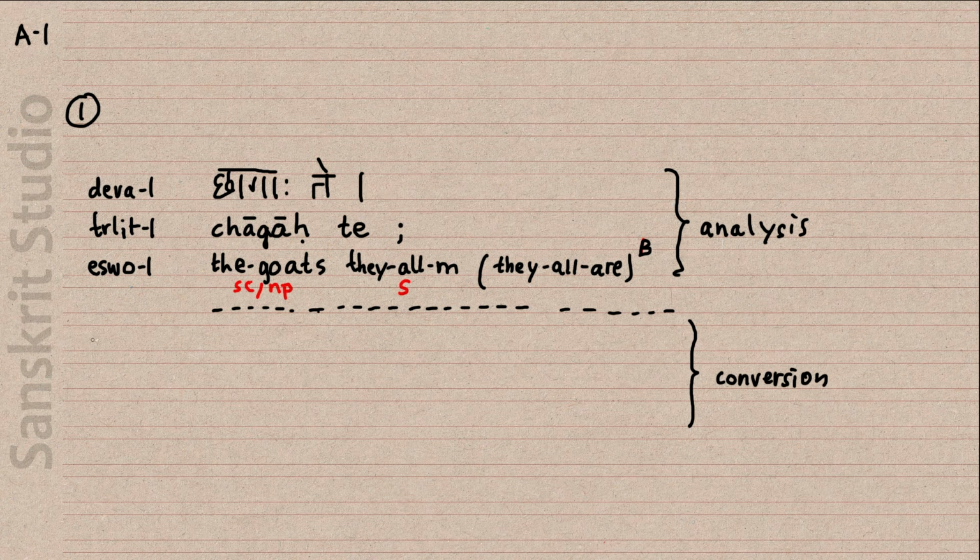And our first step on the SVO2 line, when we are going this direction from nominal to verbal, is that we are going to make the verb explicit. So this is the idea.